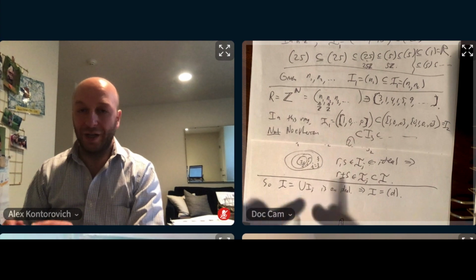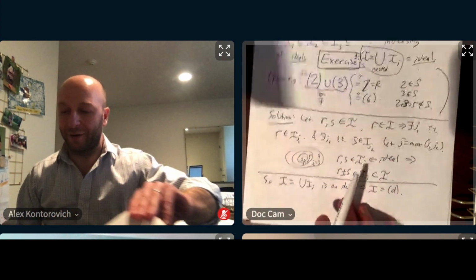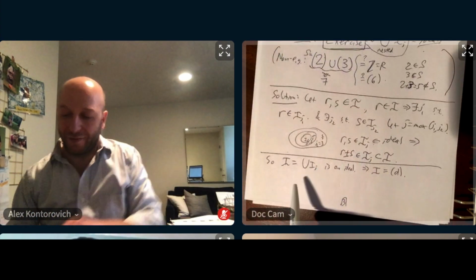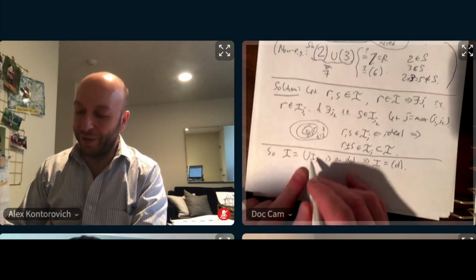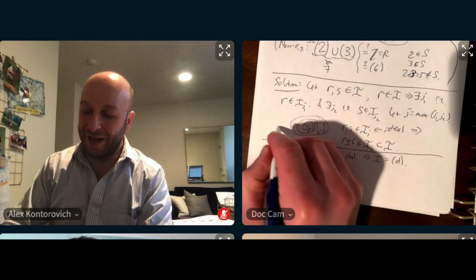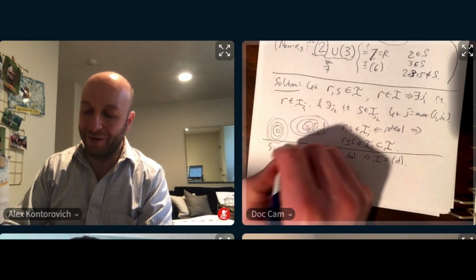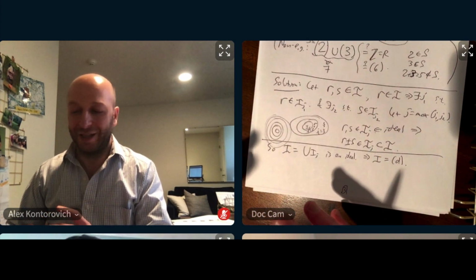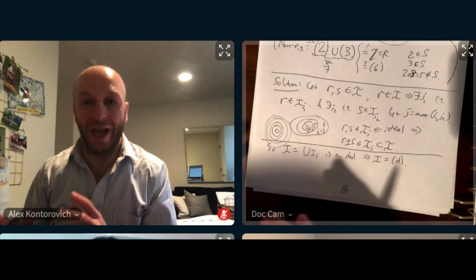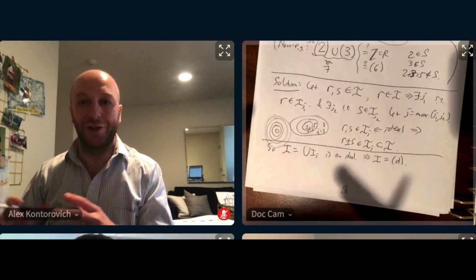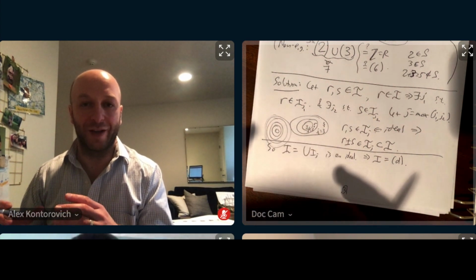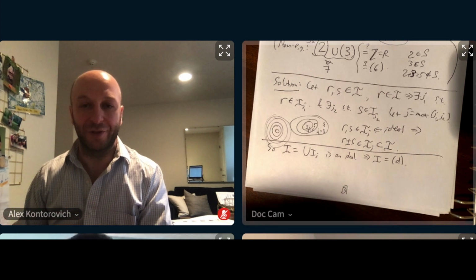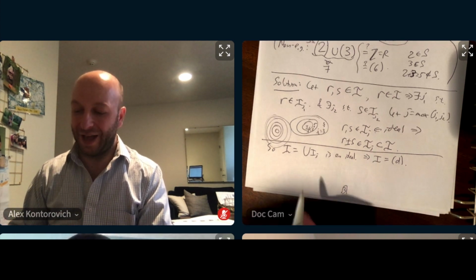For all we know, in the case of our principal ideal domain, when we start making ideals, we can just keep making bigger and bigger circles. And nothing's stopping me from making bigger and bigger regions. So Noetherian is the fact that, no, you can't continue this forever. Eventually, you're just drawing the same region over and over again. So that's what I have to argue for you. I haven't done it yet.